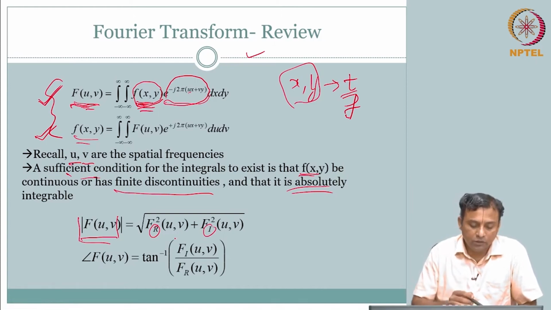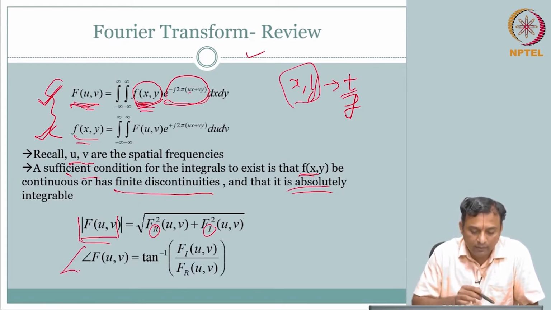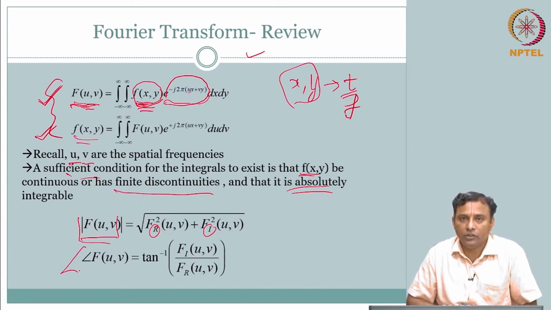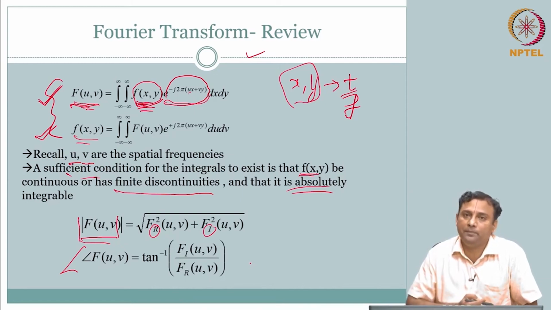So, this is your magnitude spectra. If you do a square of this, then it becomes power spectra. Here we are just doing magnitude spectra, and this is your phase. So, you can decompose into magnitude spectra and phase spectra. Notice you need both of them to uniquely identify f of x comma y.